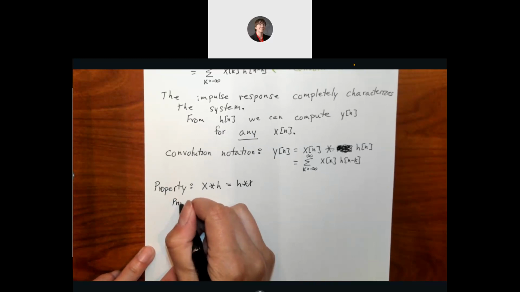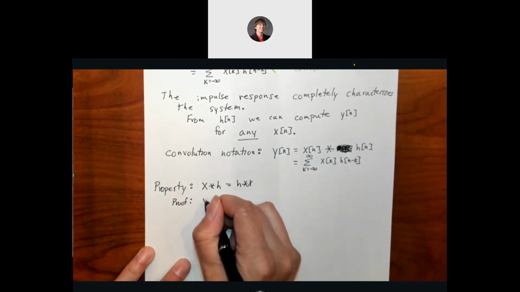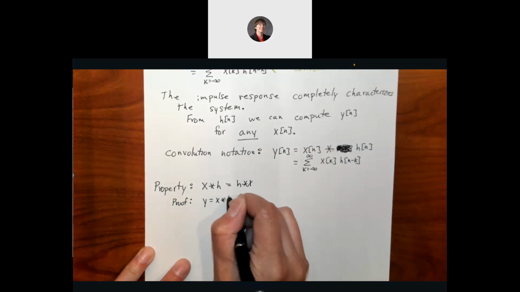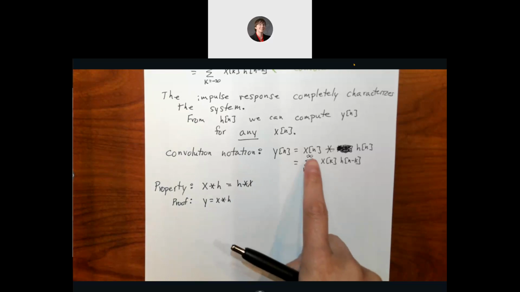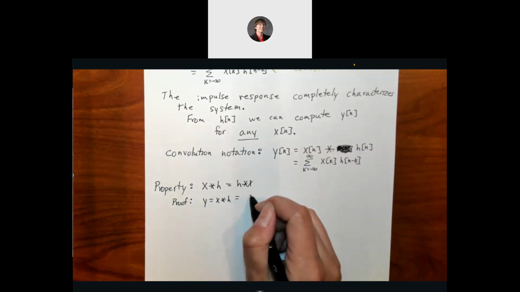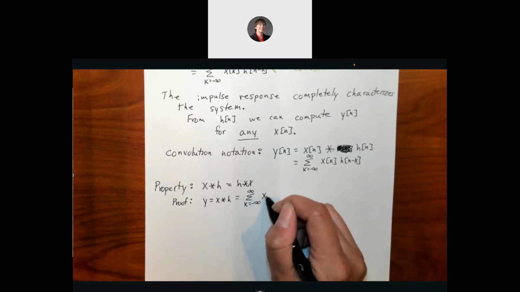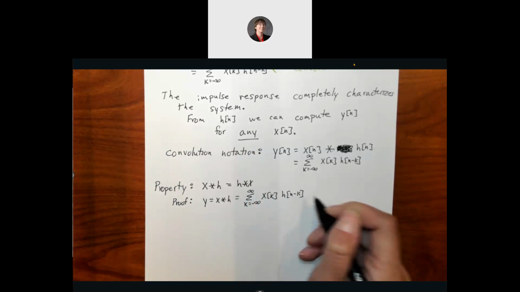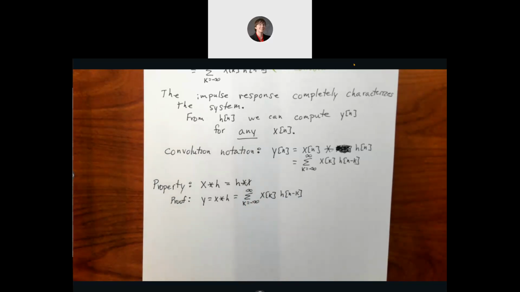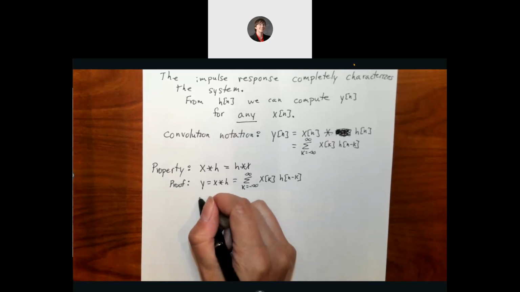So what that means is that if I have y is x convolved with h, then from my definition, we have a summation x k h n minus k.